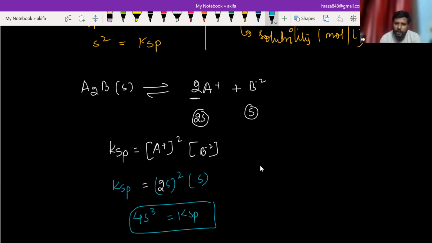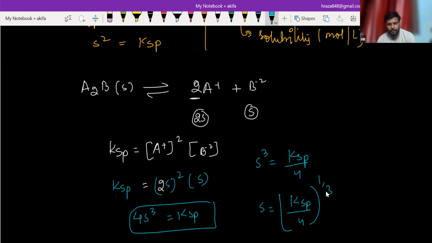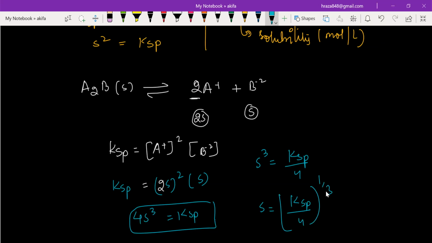And you can also write S cubed will be equal to KSP upon 4, and taking the power 1 by 3 on both sides. Yes or no? Yes.